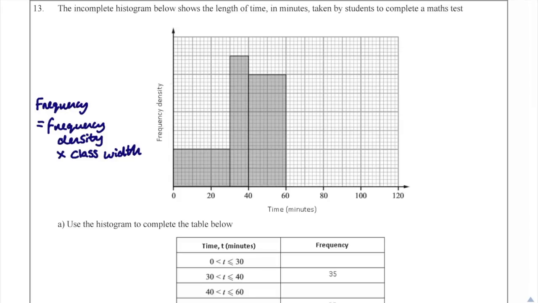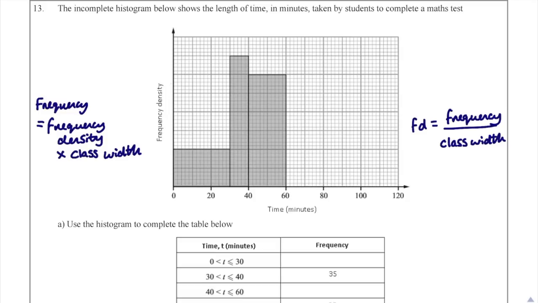Now, we can work out the frequency density by taking the original formula, frequency equals frequency density times class width. We can rearrange it to get frequency density, which I call FD, is equal to frequency divided by class width.